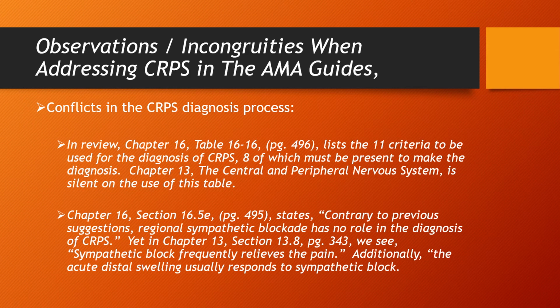It can't be a situation where they had this present prior and it no longer exists. 8 of the 11 have to be present concurrently, at the time of the examination.